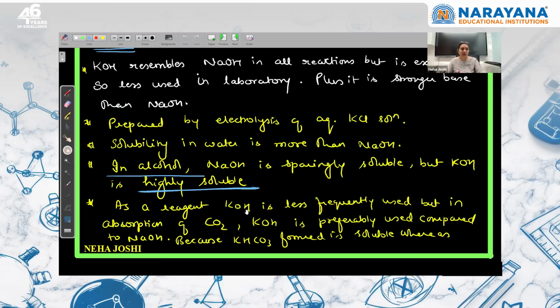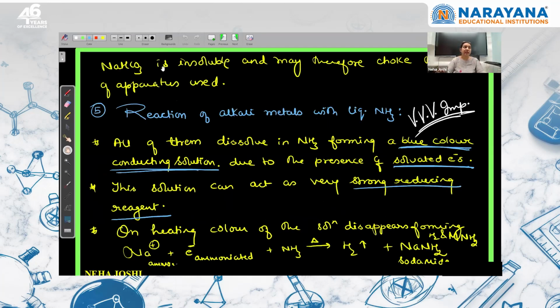As a reagent, KOH is less frequently used, but in absorption of CO2, KOH is preferably used compared to NaOH. Why? Because KHCO3 formed is soluble, whereas NaHCO3 is insoluble.